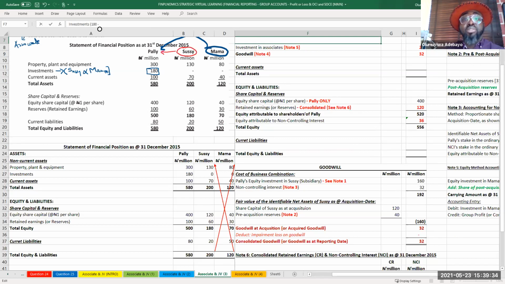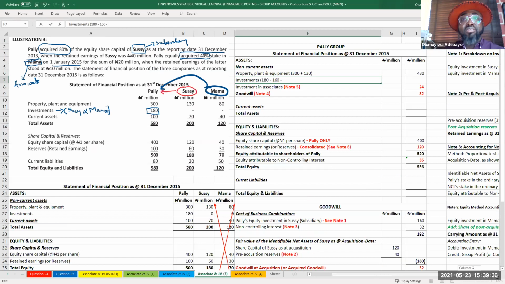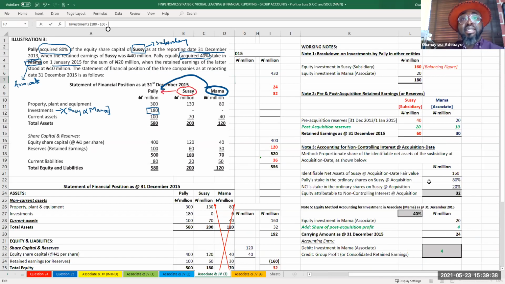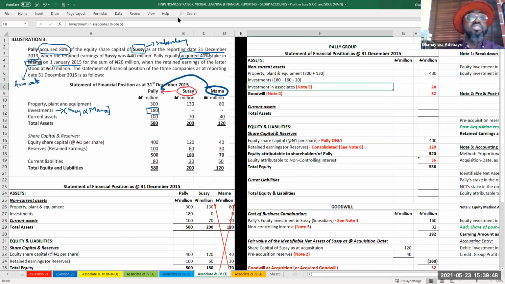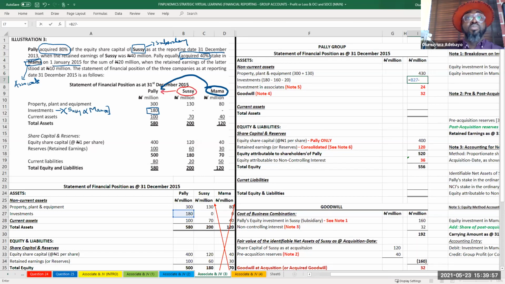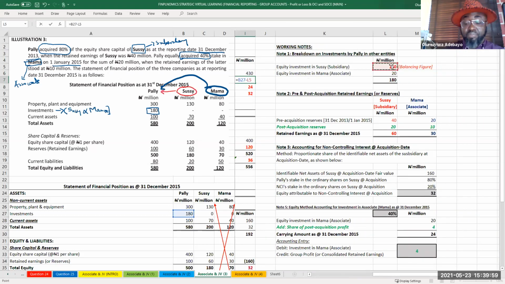Also, in the process of equity accounting, I've already taken away this 20 also. At the end of the day, once I take away this 20, what is left is 0. It means 180 minus 160 minus 20 will give me nothing.